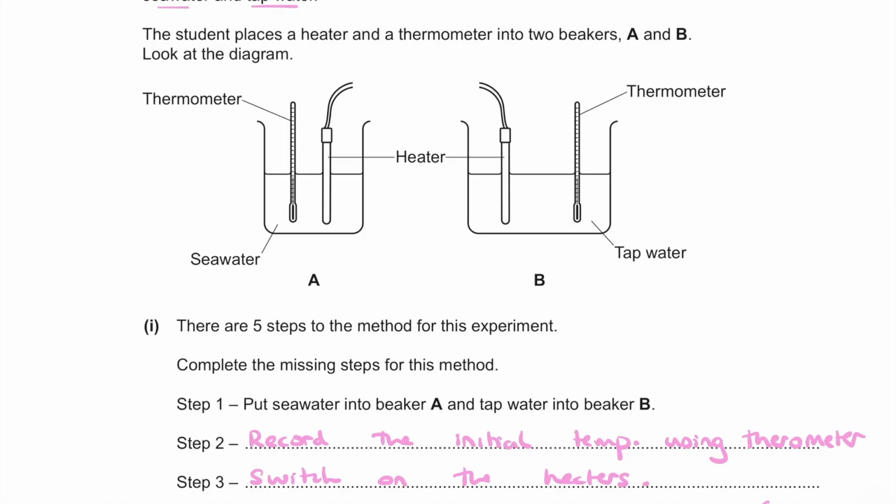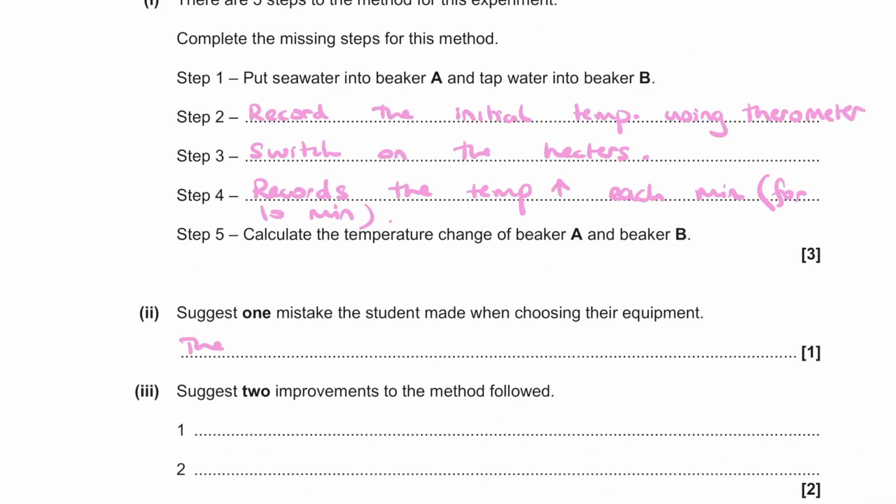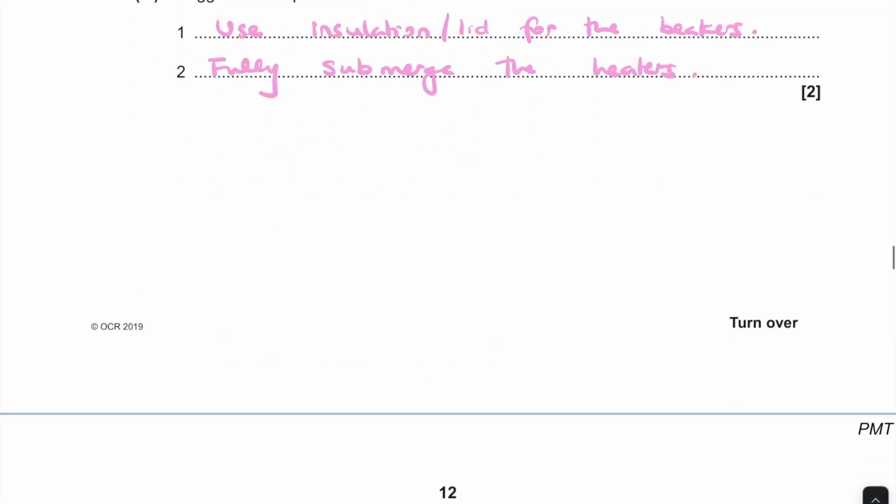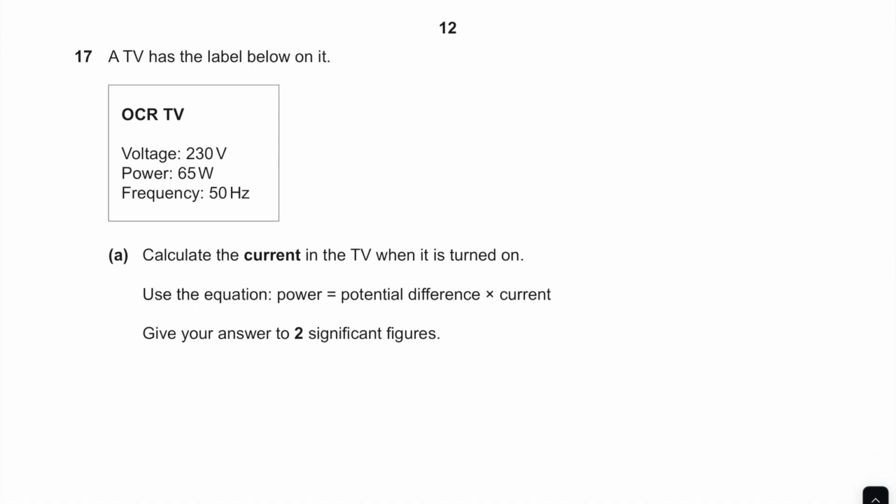And thirdly, the beakers are open. Suggest two improvements to the method followed. You can say that you've got to use insulation for the beakers and fully submerge the heaters.